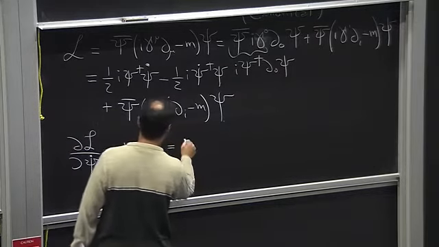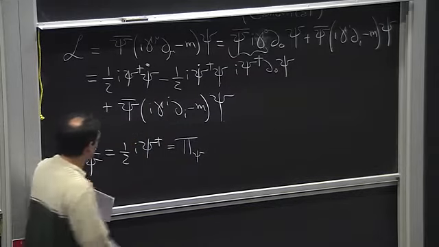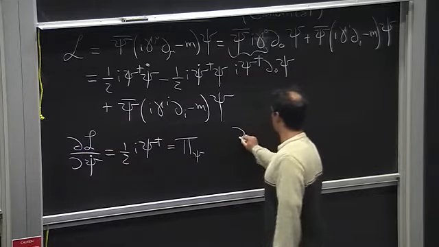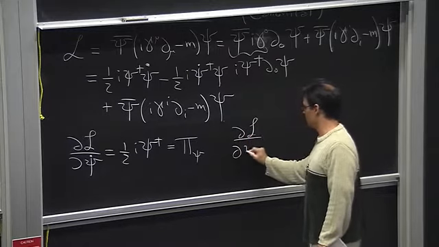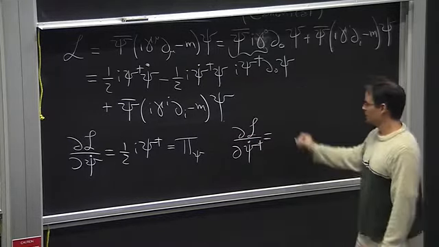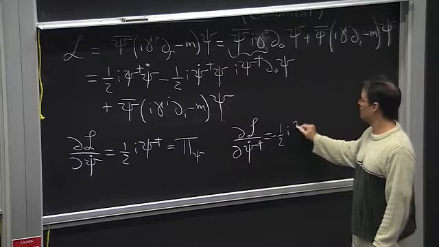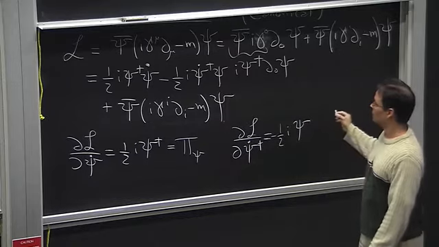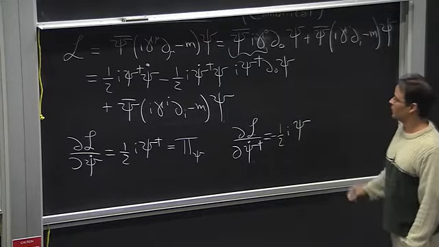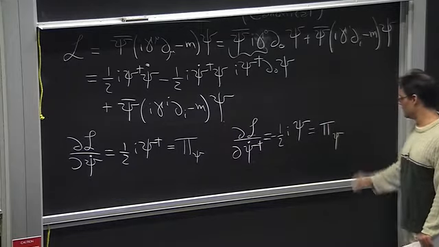This is what we would call pi, the momentum conjugate to psi. Then we can take the derivative with respect to psi dagger dot, and we get minus a half i psi. That's right. And this would be pi of psi dagger.